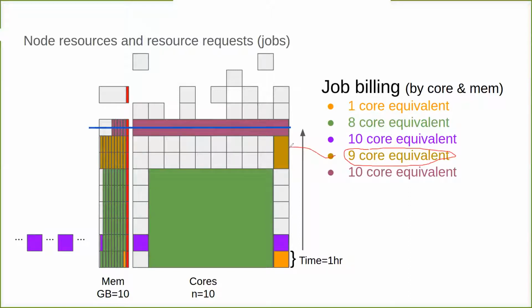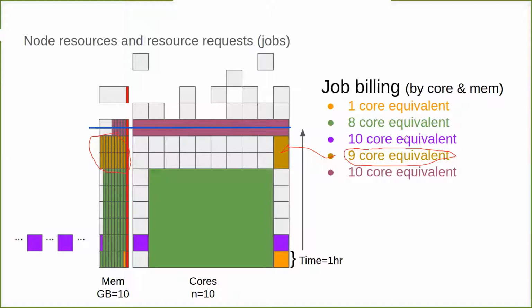But the important one to note here is this job that's charged 9 core equivalents. This job is the one that's right here. It's only using a single core for the entire duration, but because it's using the equivalent of 90% of the node in terms of its memory, it's charged 9 core equivalents. So this is an important part of how to assess the utilization that is billed to interpret the priority of subsequent jobs for an account.